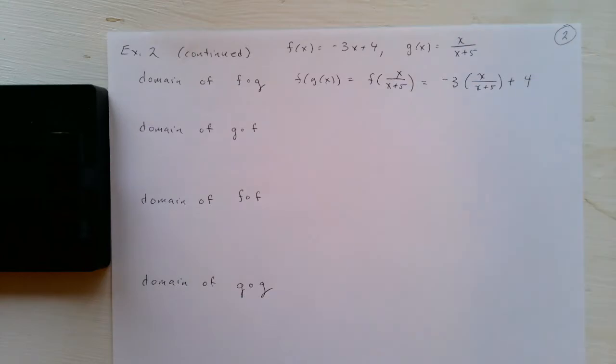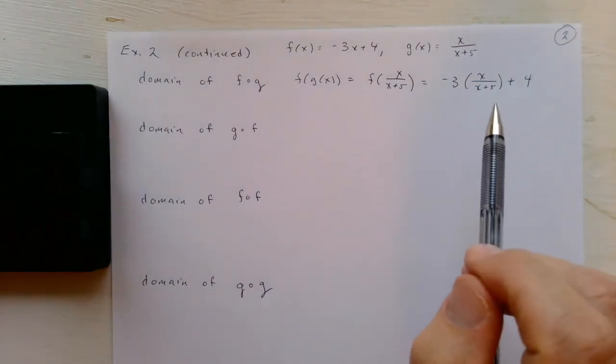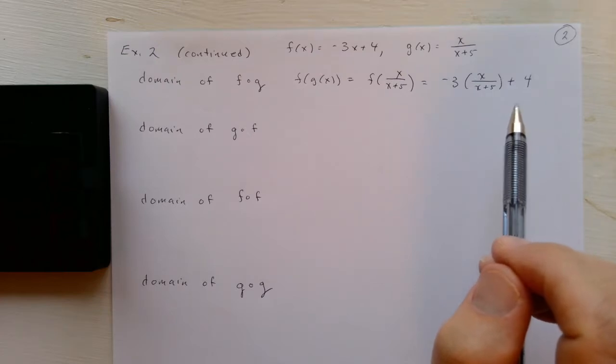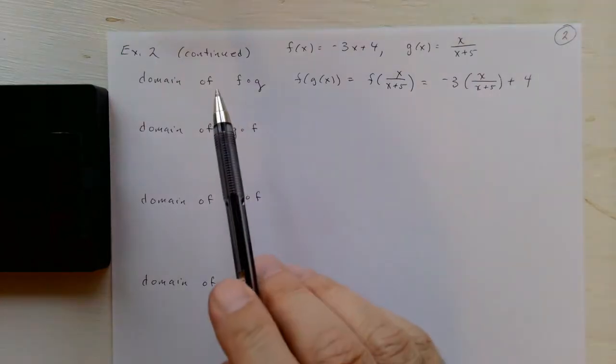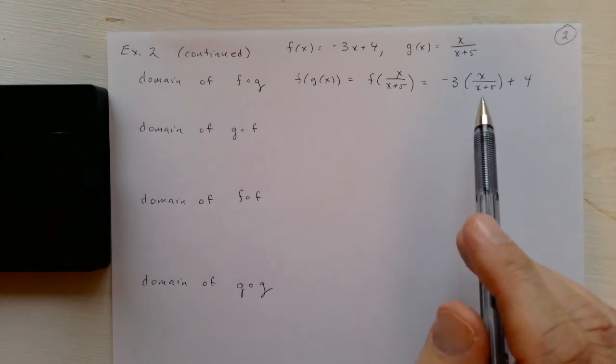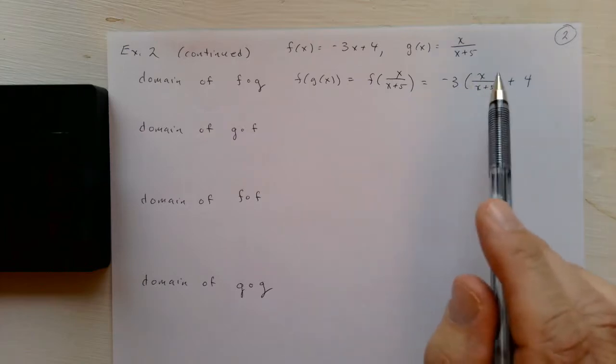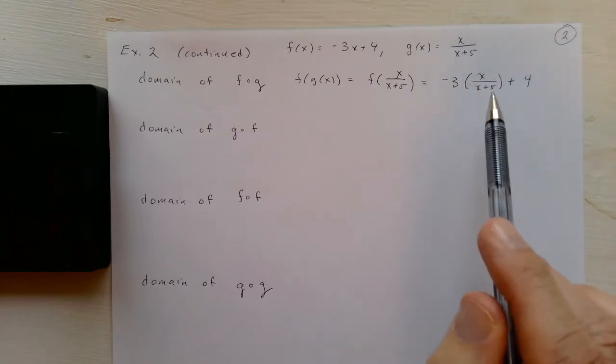Now we could simplify this a little bit, but we have to be careful when we simplify, because we're just asking to find the domain. We can see that we have negative 3 times something plus 4. So as long as this something is defined, we're okay.